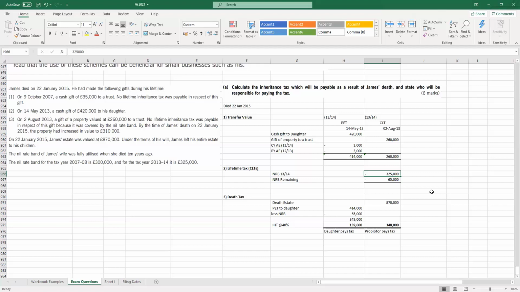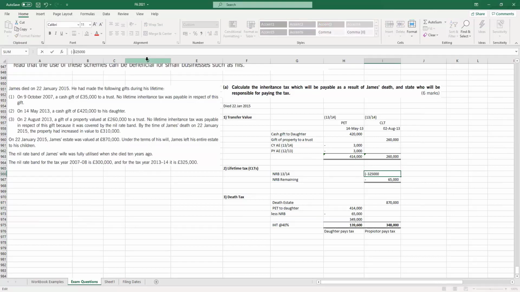12, 13, 14. So even though you're working out the tax due on death. Yeah. I just remember now. So that bit's fine. But also you need to do 35,000 less 6,000. And then that will use up this band right here.